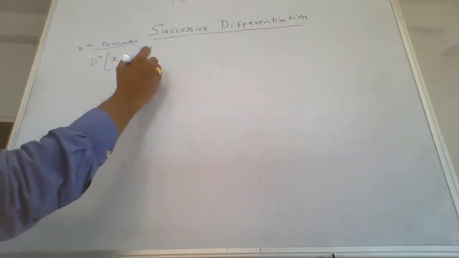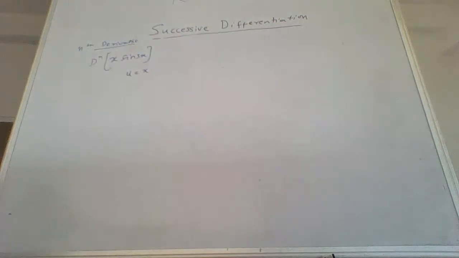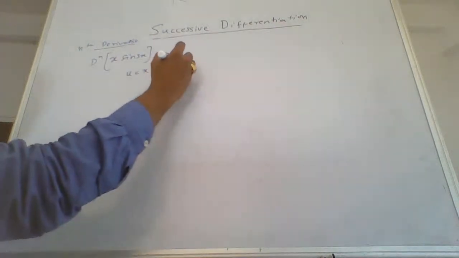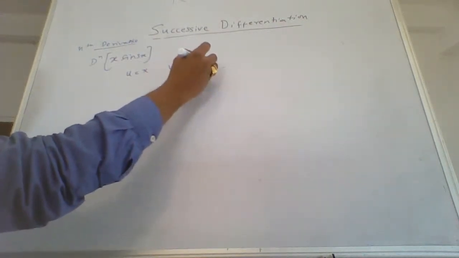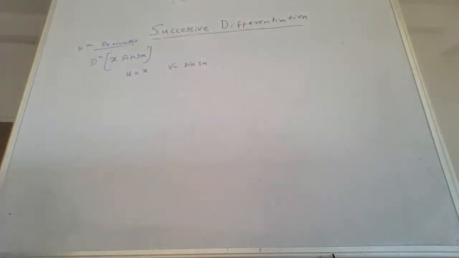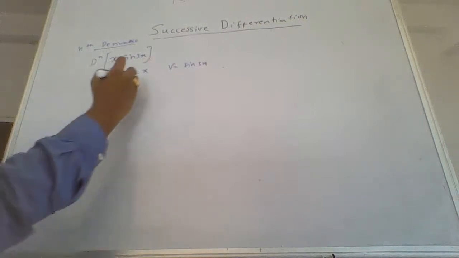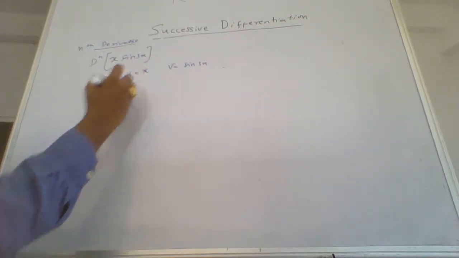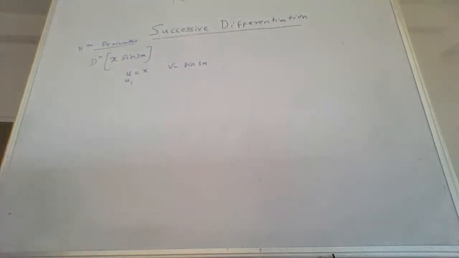Take u as x and v as sine 3x. If you find the derivative of u, u1 results to 1.